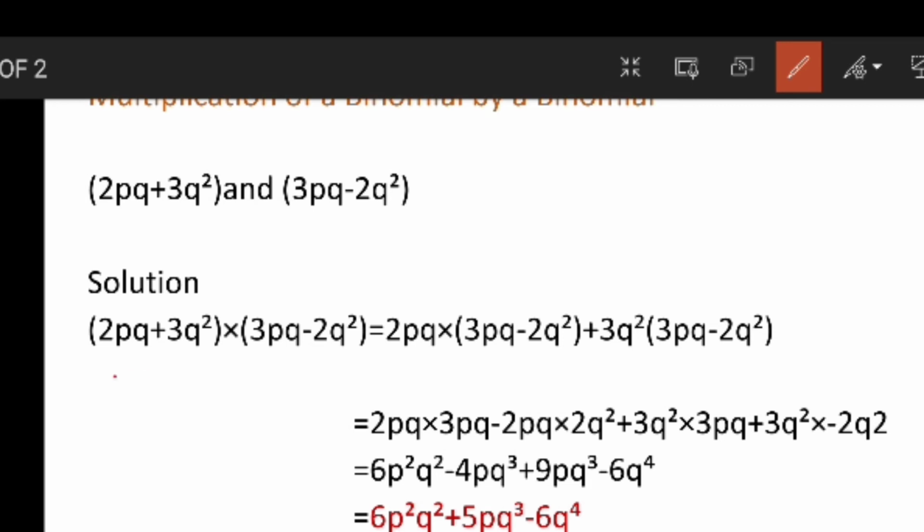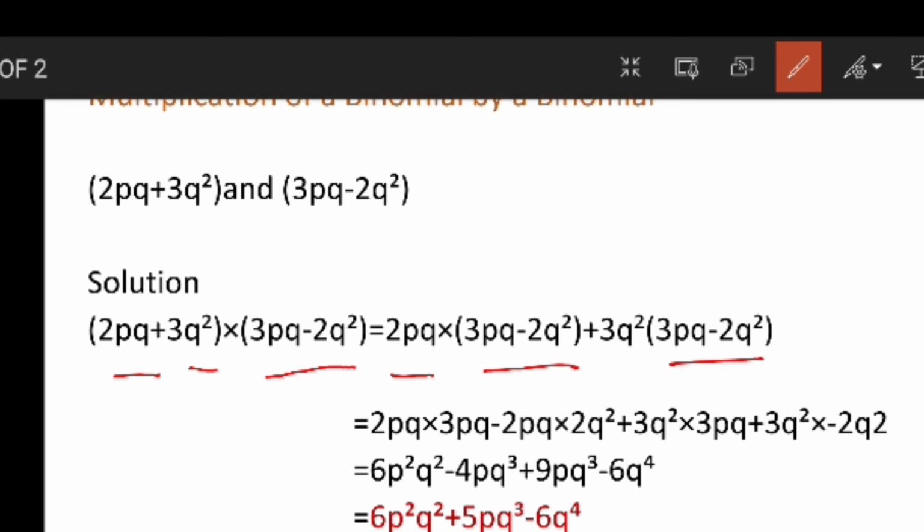In the first part, the first term is 2pq, so we are going to multiply this 2pq with the whole second part. That is why I wrote 2pq multiplied by 3pq minus 2q squared, and again with the second term in the first part we are going to multiply the whole second one. So 3q squared into 3pq minus 2q squared.